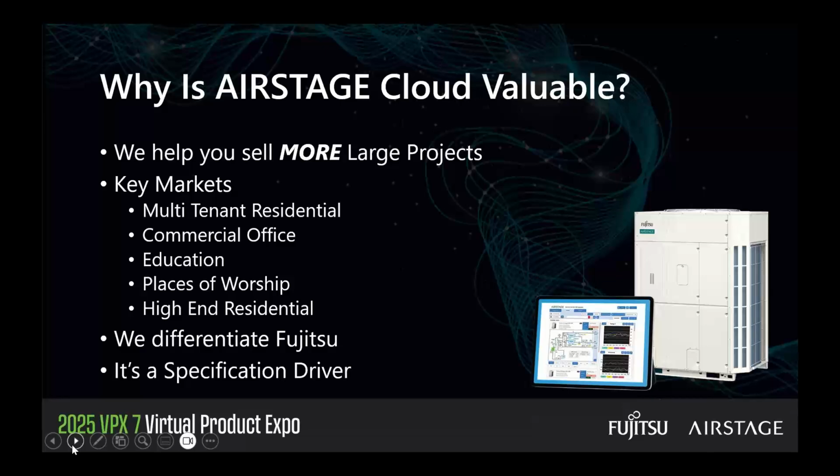As a matter of fact, we are the only flat spec public entity in the state of Alabama. And the reason that we're a flat spec public entity in the state of Alabama is because we have AIRSTAGE Cloud. So it's a specification that's been driven from a customer that's been very happy. They said the only thing that we want on our campus is Fujitsu AIRSTAGE, and we want it to connect to AIRSTAGE Cloud. So that's something that can happen in every single market out there.